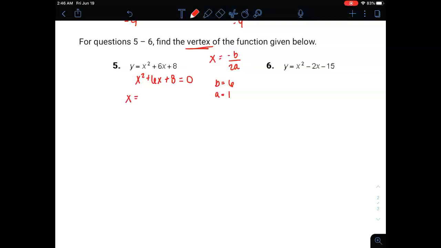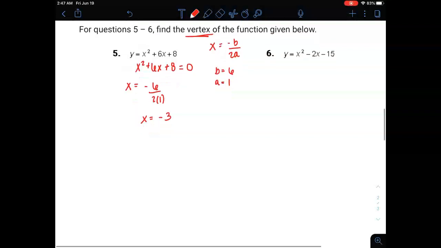So my x-coordinate is going to be negative 6 over 2 times 1. So my x-coordinate is going to be negative 3.